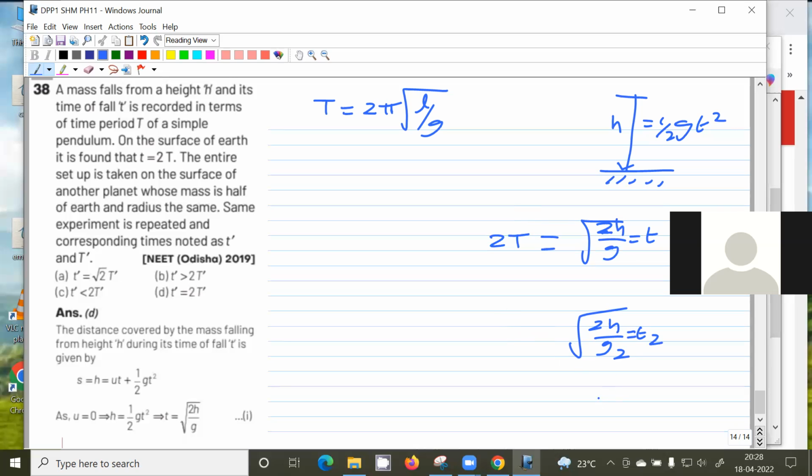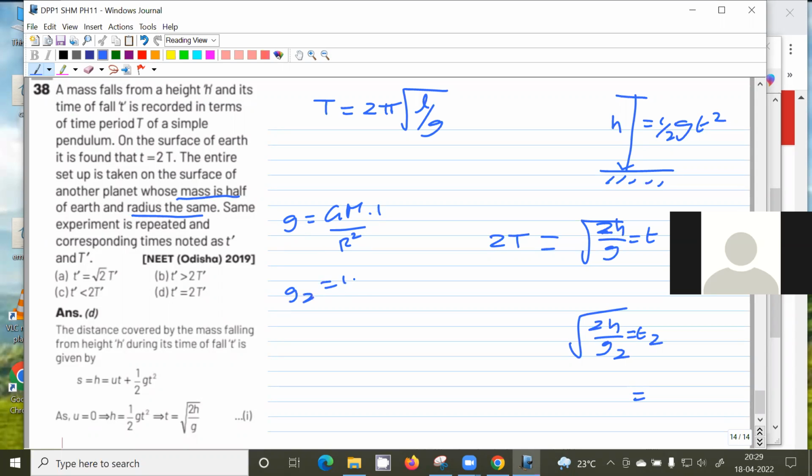So the second thing, the mass of another planet is how much? Mass is half, radius is the same. So g is G M by r square, right? The definition of g is the force acting on a unit mass. So G into M into 1 divided by r square. R is the radius. Radius is the same, so the mass has dropped down.